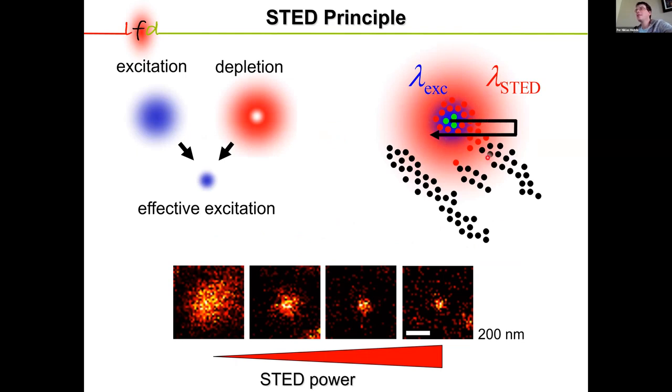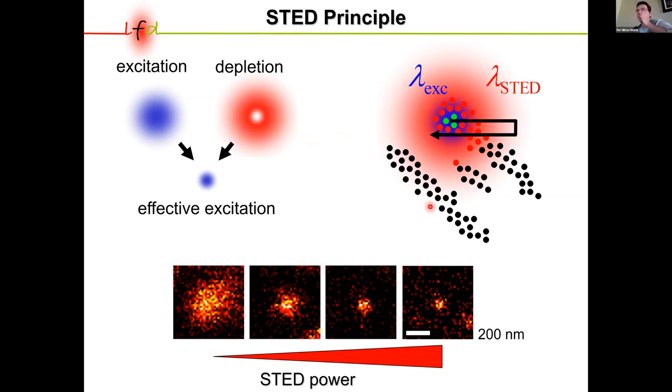Then you hit it with the depletion beam. So you will induce the release of the photons on the periphery, but not in the center, where the intensity of the depletion pattern is 0. So only the molecules in the center can spontaneously emit fluorescence, which is the one that you're detecting.